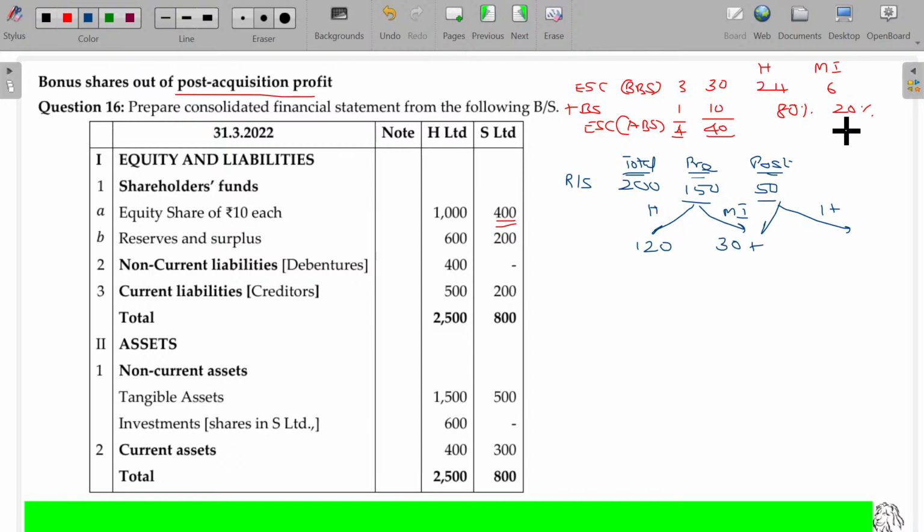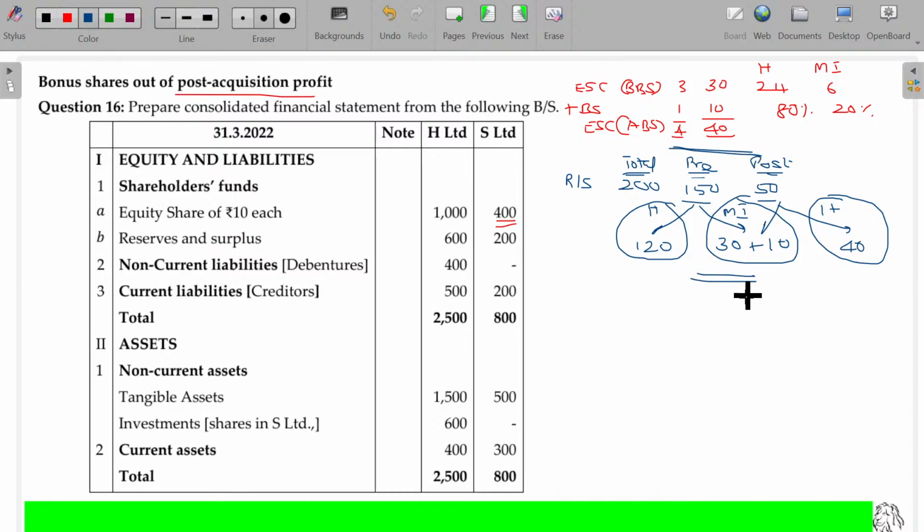In that 50, 20% being 10, 40 being holding company share. Minority interest value, holding company value. Is that okay? Now we can calculate cost of control as well as minority interest both.